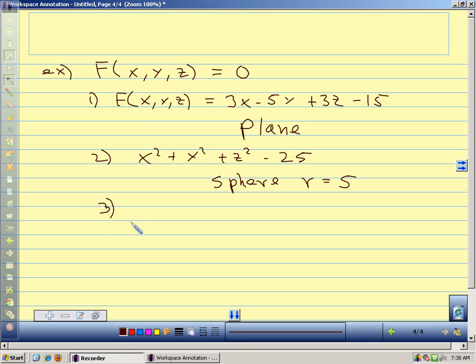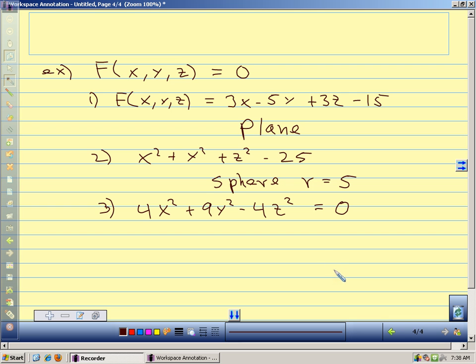How about 4x squared plus 9y squared minus 4z squared? We want to describe the level surface when f of x, y, z is 0. It's an elliptical hourglass.